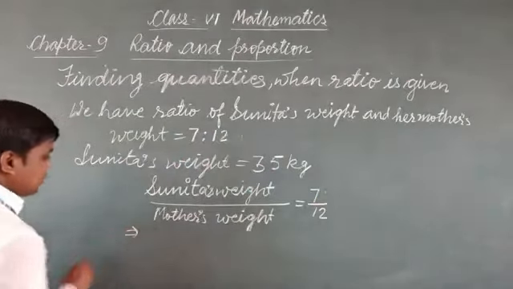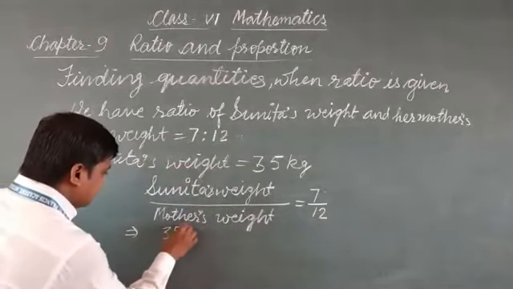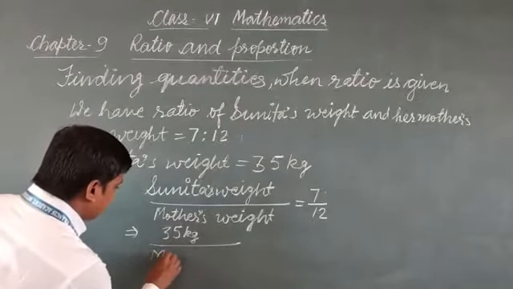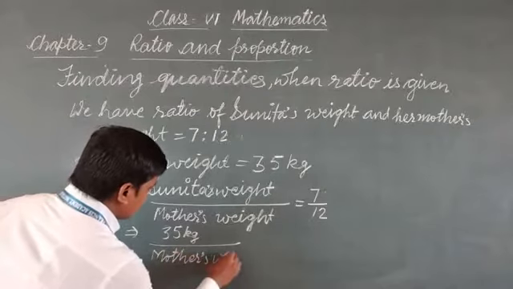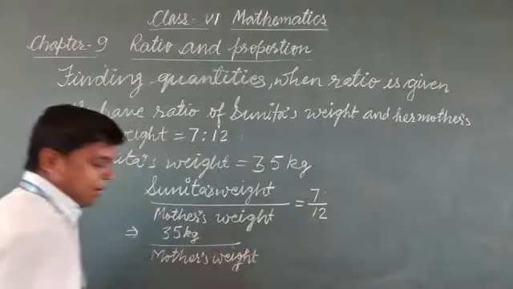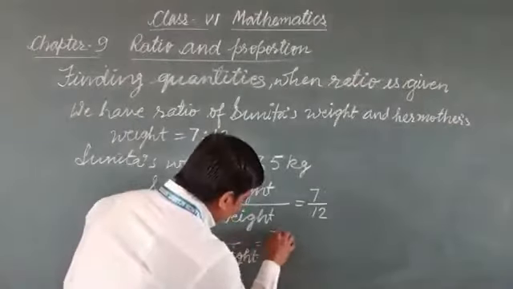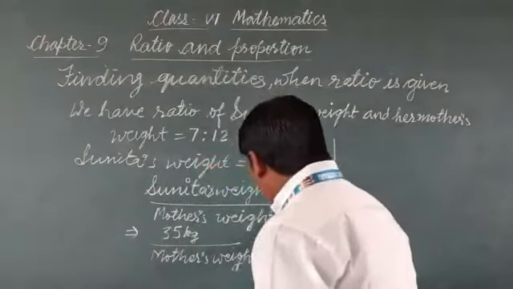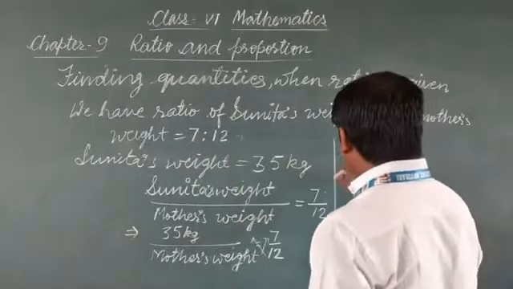From here, we have Sunita's weight 35 kg, and the mother's weight we have to calculate is equal to 7/12. Now you will do cross multiplication.